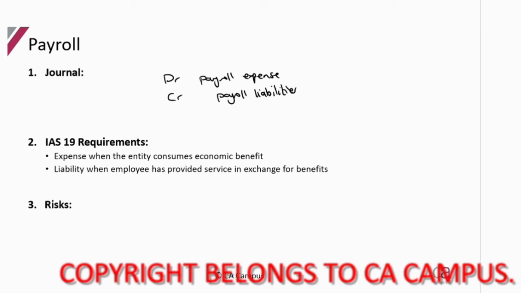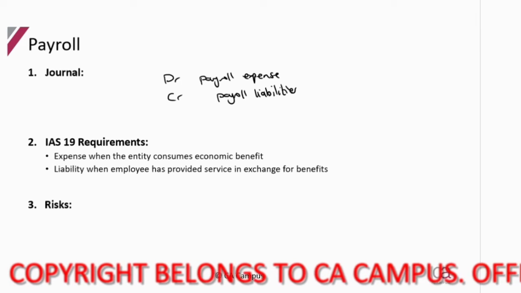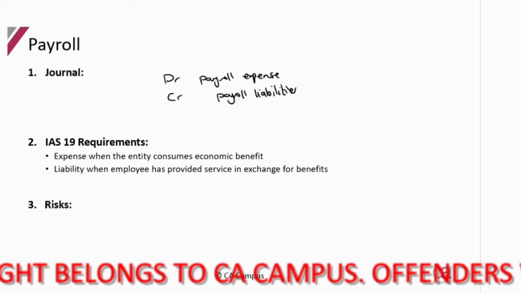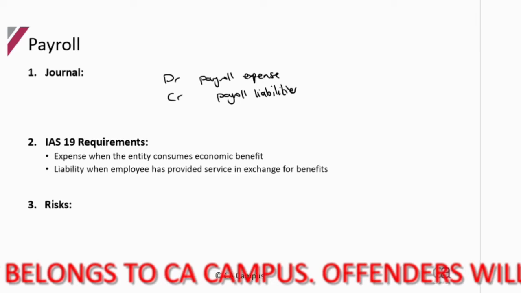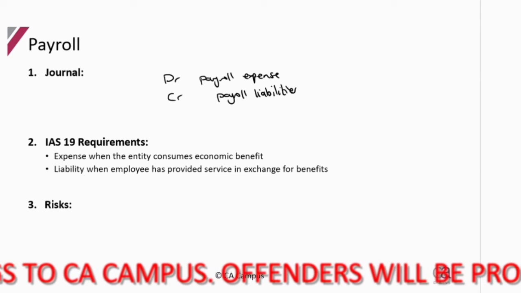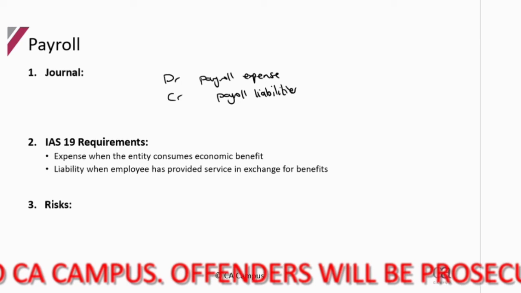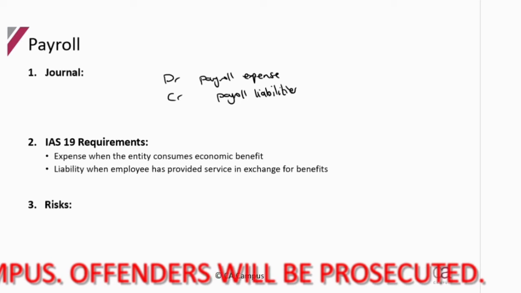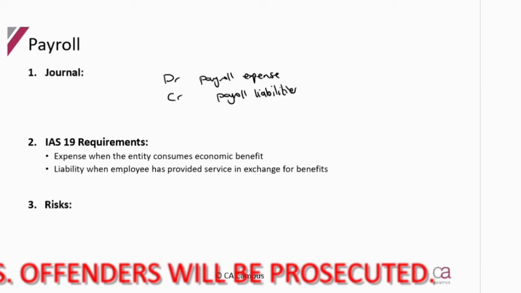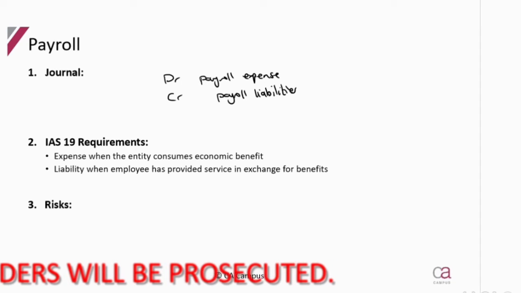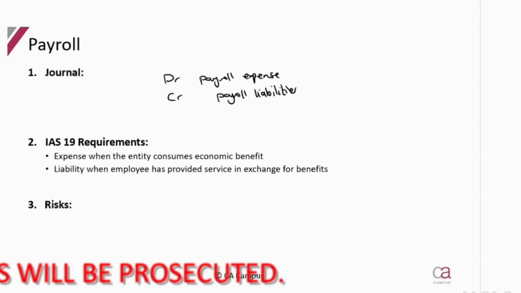Okay, remember those expenses could be your pension, medical aid, and then a relevant payroll liability for that would have to be raised because that will need to be paid over to the pension or medical aid. Other than that, the payroll expense being your salary or the wage, and then the liability to make payment for that salary or wage, as well as your PAYE and a liability for that.